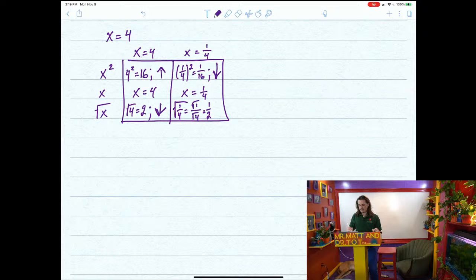Notice that 1/2 is a larger number than 1/4, so the overall result is that we went up. So with numbers in between 0 and 1, we're going to have the opposite effect than if they were greater than 1. We can use this rule with some rather tricky SAT and ACT questions.